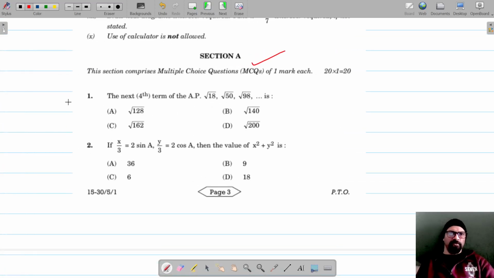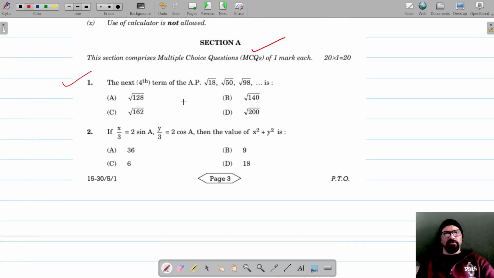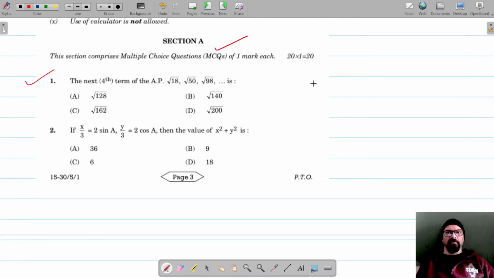And coming on to the first one, this is mathematics standard, and we have to find the fourth term of the AP. For that, this is an AP, and let's find out the common difference. So common difference is root of 50 minus root 18.